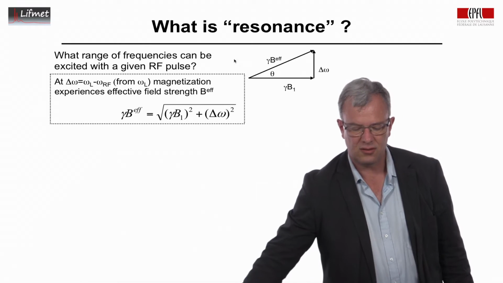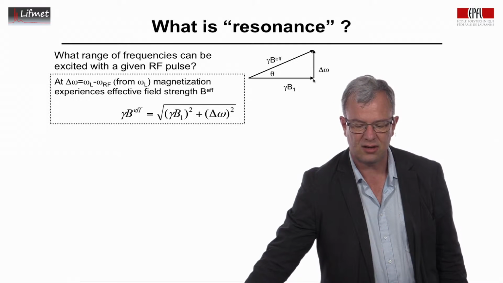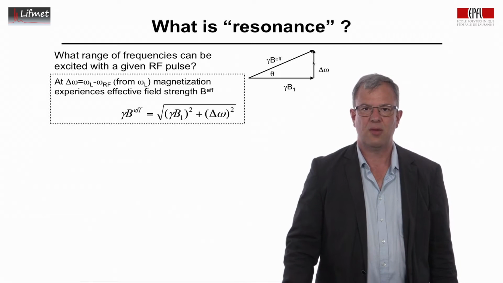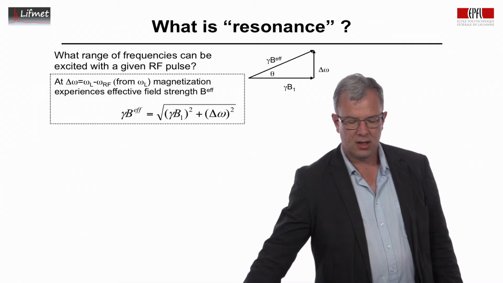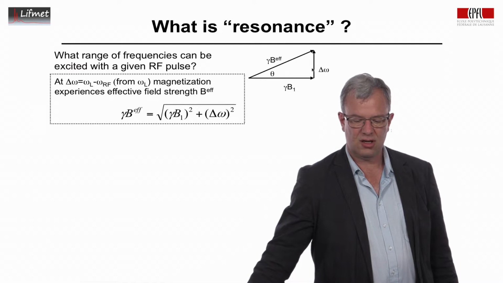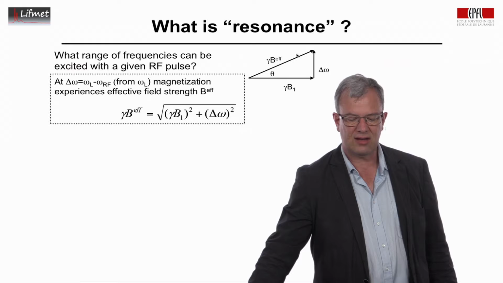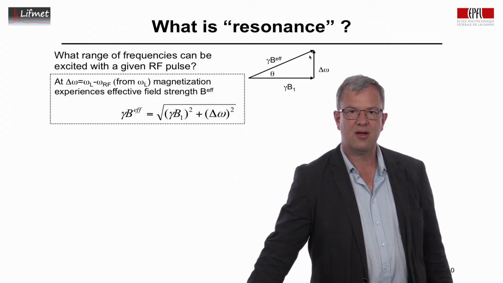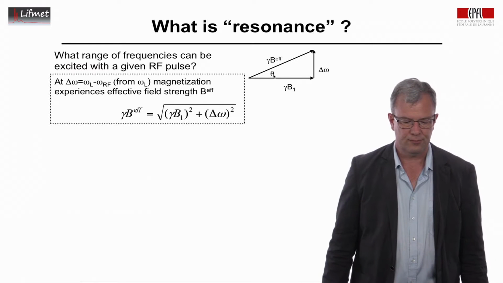So gamma B1 is stationary, and our magnetic field along Z is given by delta omega, which is given by gamma B0 minus omega RF. And so we have a Z component of the magnetization, it's stationary. We have a transverse component of the magnetization in our reference frame, that's stationary as well. So this is the vector addition. This gives us an effective magnetic field, B effective, that's tilted by the angle theta.